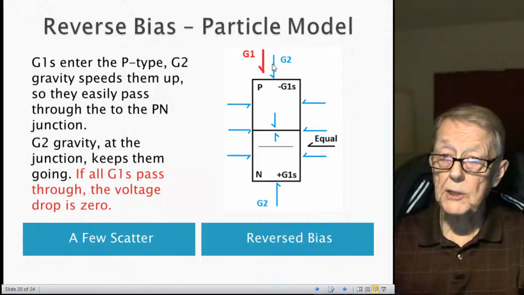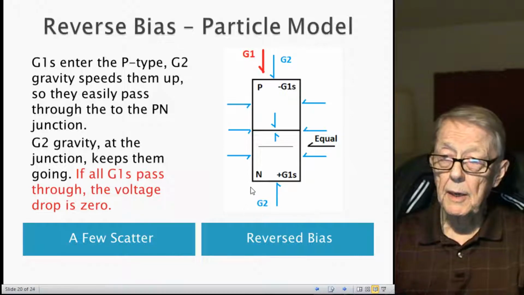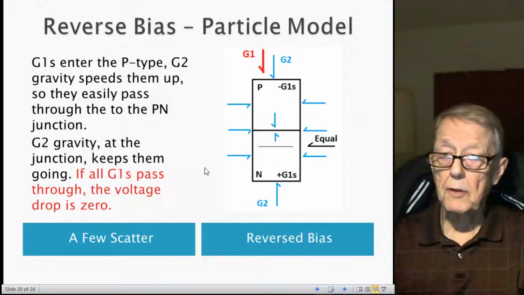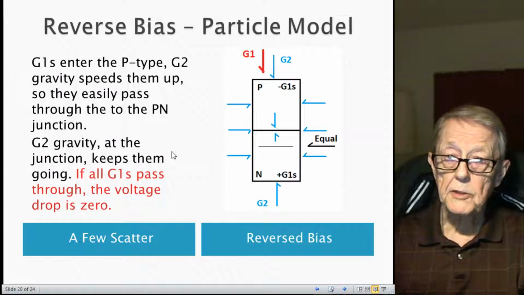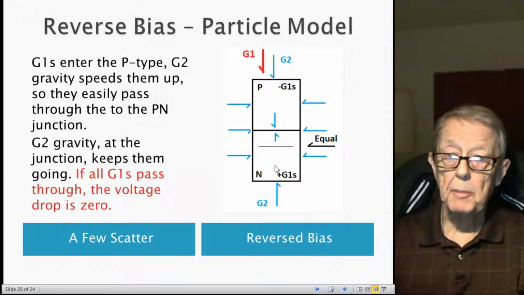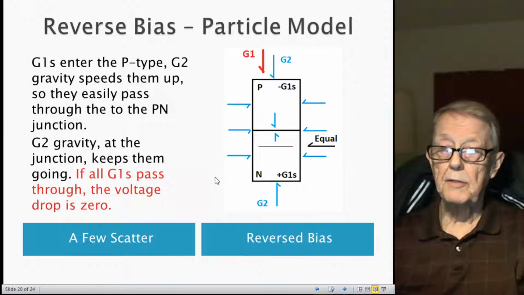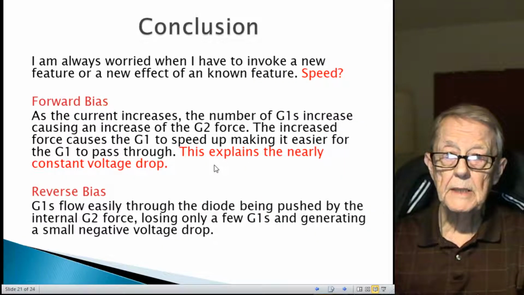And so that's what happens in reverse bias. That's what keeps it at ground level in this operating range right here. Much simpler to explain because it's being pushed by gravity to speed up and make it through and not have any significant hitting and scattering.